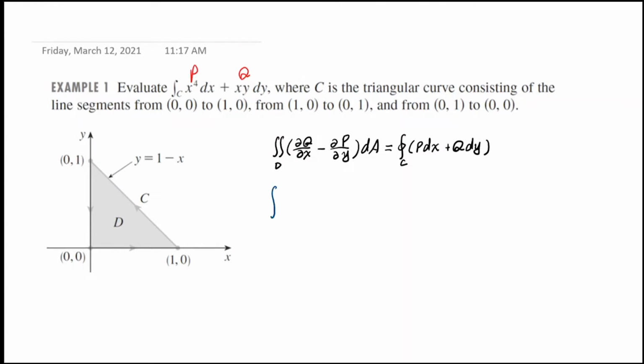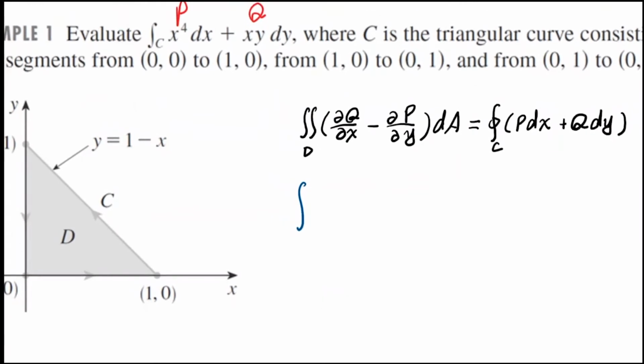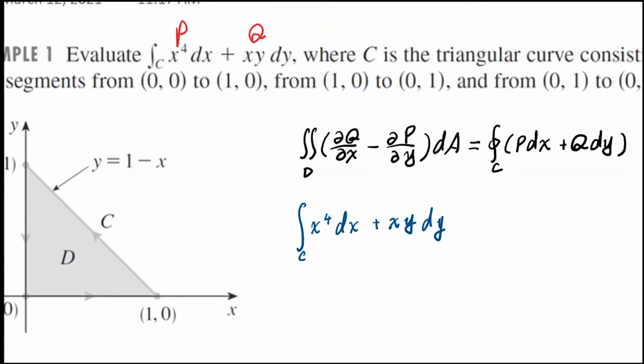We'll start from this side, C, and then x to the 4th power dx plus xy dy. Now, remember once again, this is P and this is Q, okay?